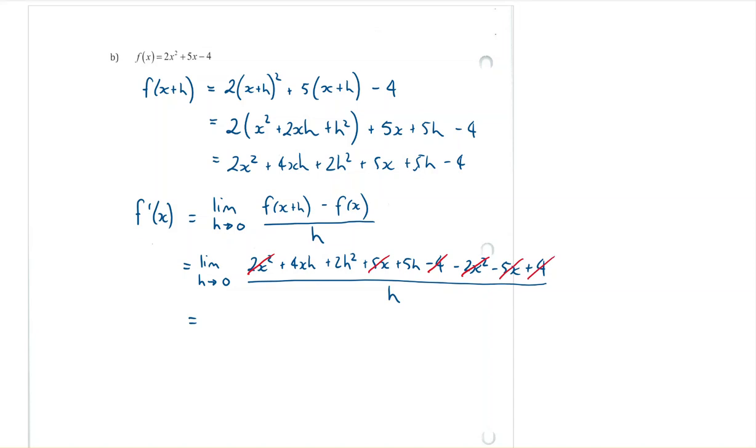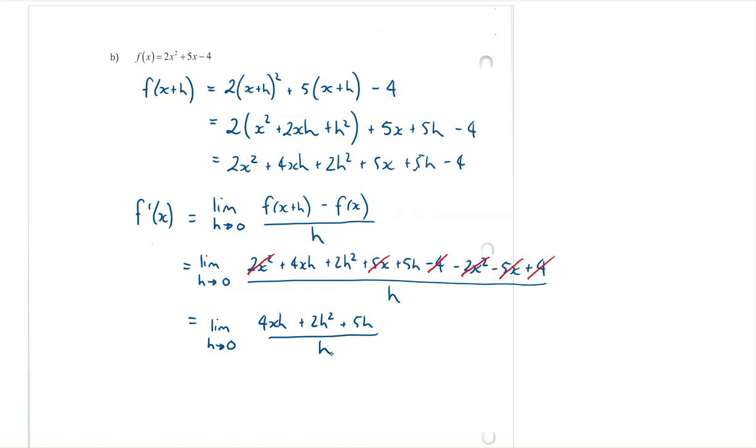Okay, let's write down what is left. Limit as h approaches 0. I have 4xh plus 2h squared plus 5h all over h. Now, at this stage, you should always be able to cancel off that h on the bottom.